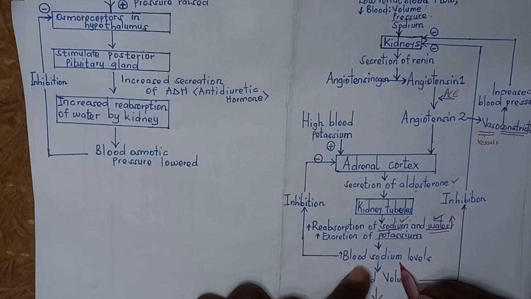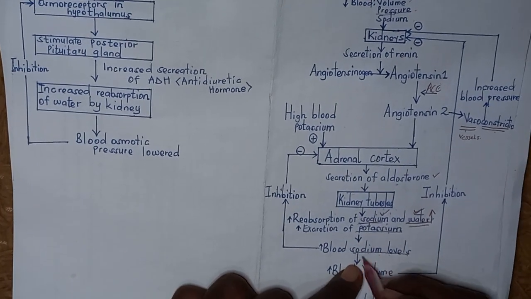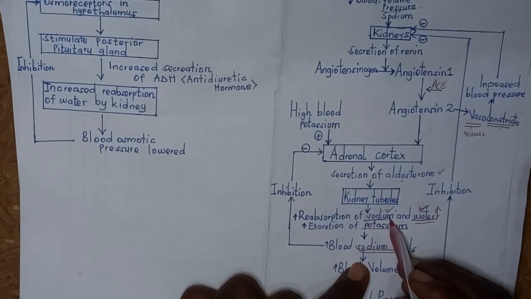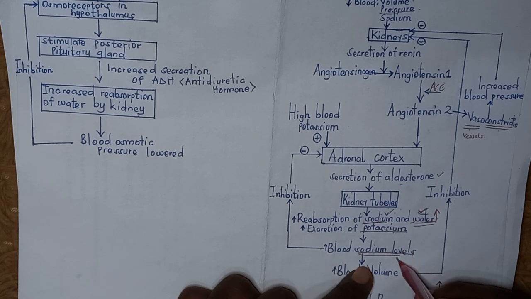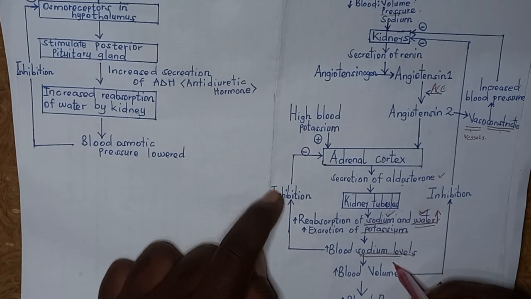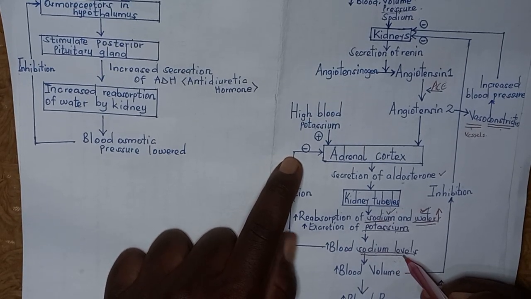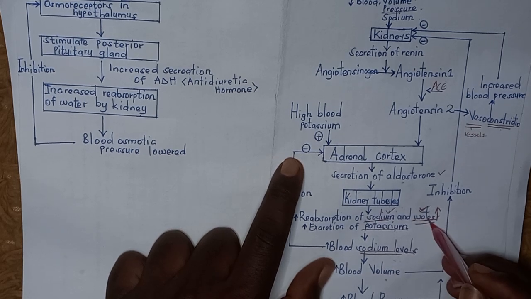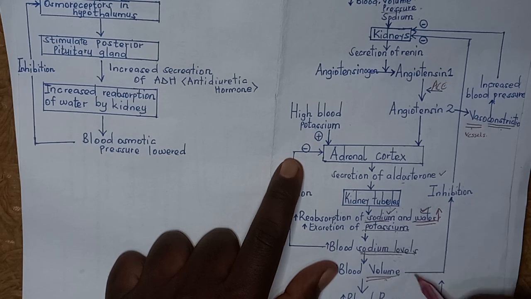So blood sodium levels will increase because there's reabsorption of sodium back to the blood, but there is excretion of potassium. So sodium levels will increase. That is inhibition of the adrenal cortex. And the blood volume, because we have water here, will be increased.